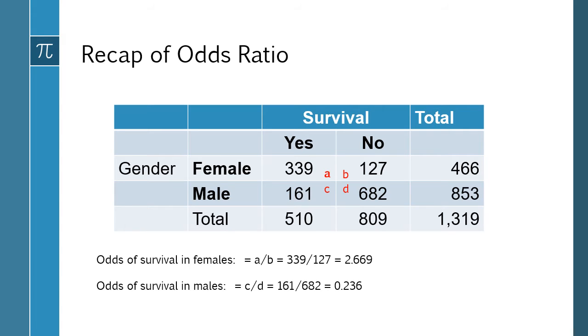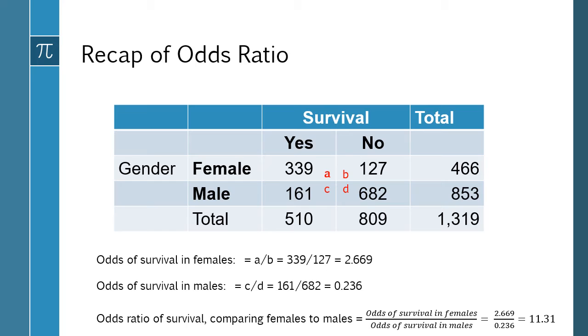The odds of survival in males is C over D, which is 161 over 682, and that gives you 0.236. So to calculate the odds ratio of survival comparing females to males, you divide the odds of survival in females by the odds of survival in males.